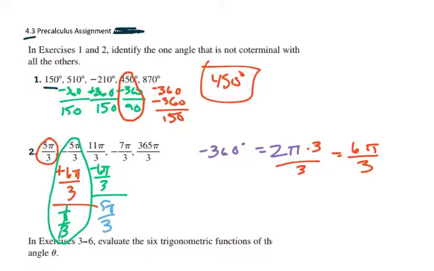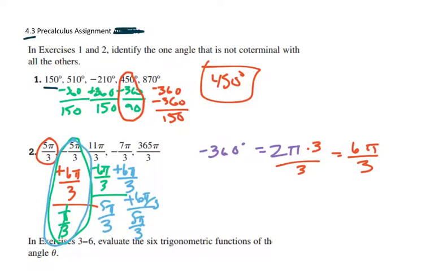To negative 7 pi over 3, I'm going to add 6 pi over 3, which will not be enough to get it positive, and then add another 6 pi over 3. So basically we're adding 12 pi over 3. If we add 12 to negative 7, we are going to get 5 pi over 3, so that one works. And then the last one, 365 pi over 3, honestly, we don't really need to do it because we already know that this one is not equal.